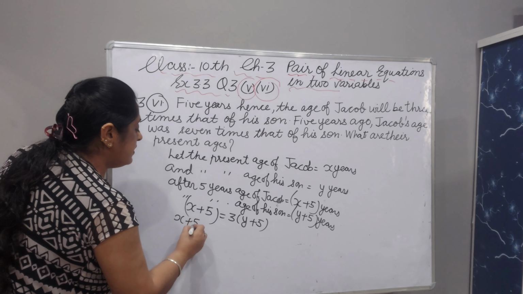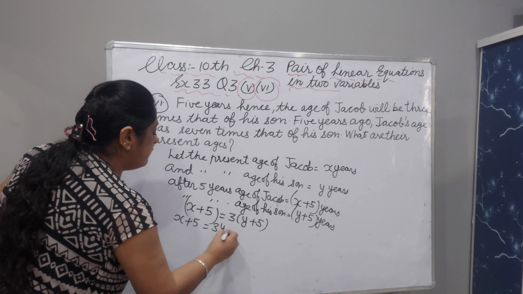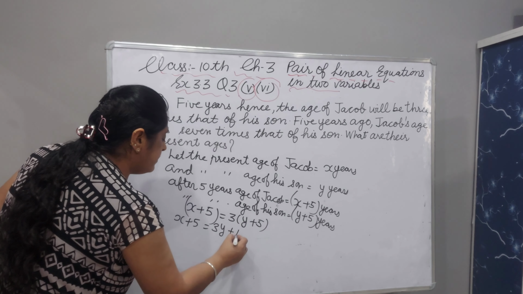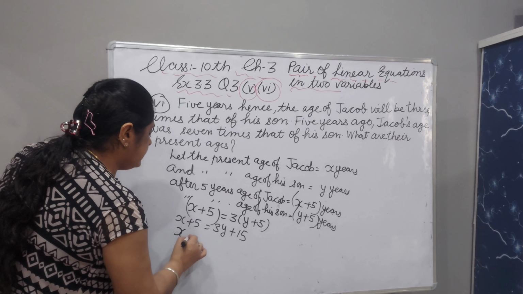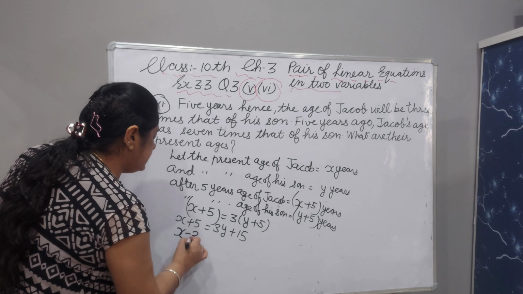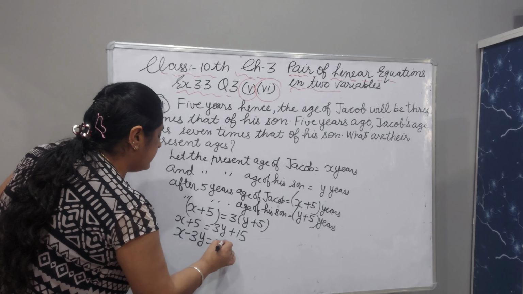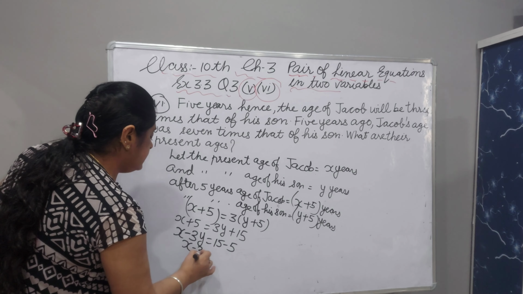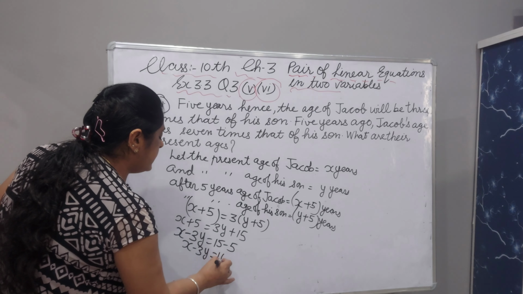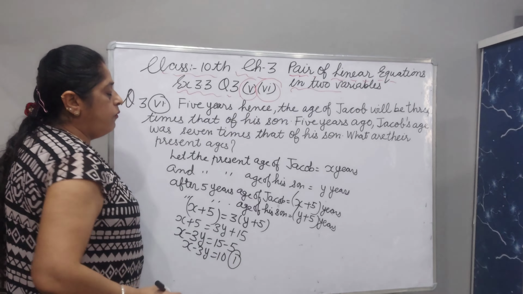X plus 5 equals 3y plus 3 multiply 5, 15. X, this 3y will be minus 3y, 15 minus 5. X minus 3y equal to 10, that is equation number 1.